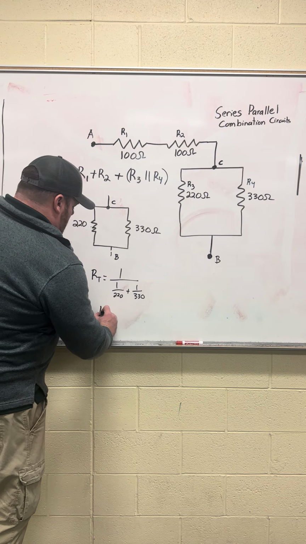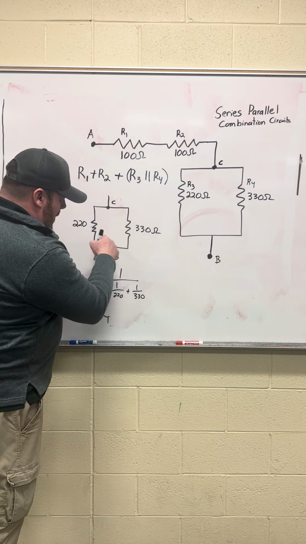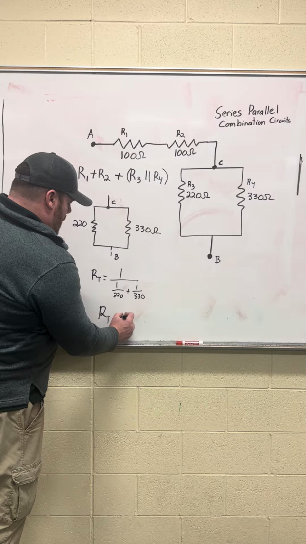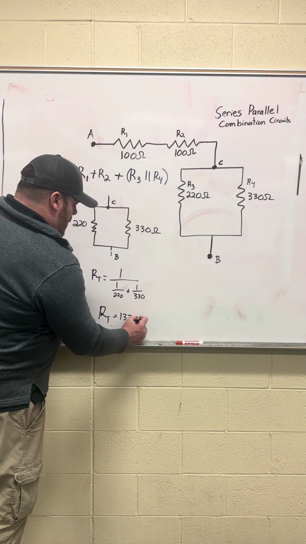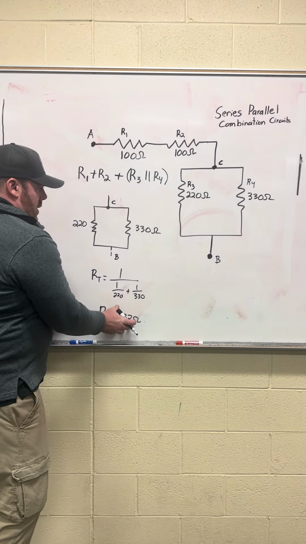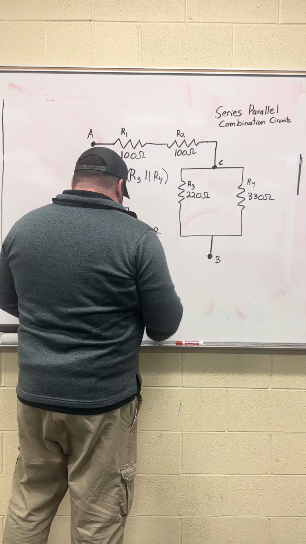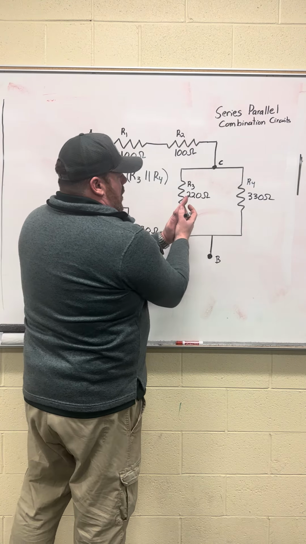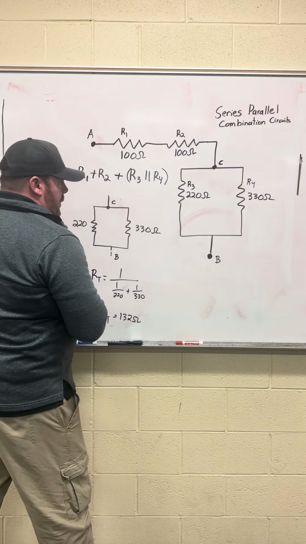That gives us an equivalent value for this circuit of 132 ohms. So now we can consider this to be the equivalent of these two, and we can collapse this down.